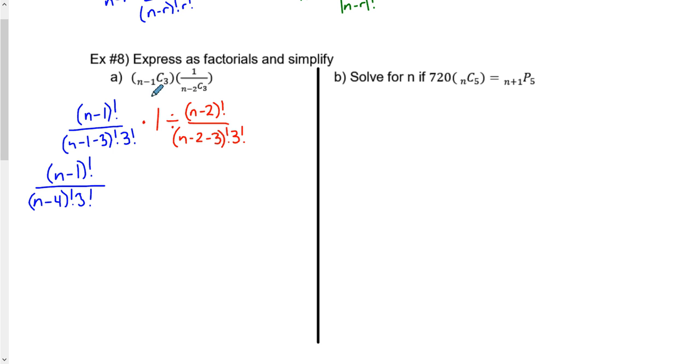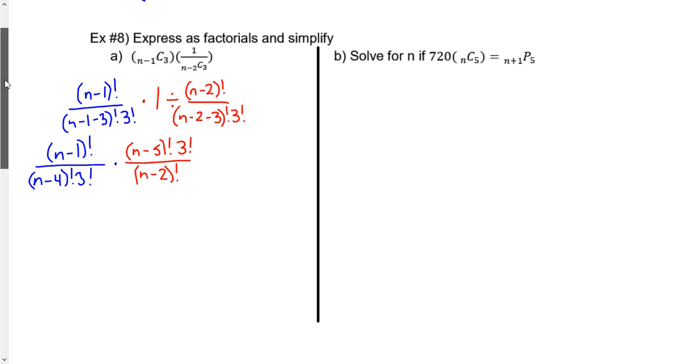Multiplying by 1 isn't going to change anything, but dividing by a fraction here means multiplying by the reciprocal. So we're going to do that right away here. The n subtract 2 subtract 3 will be n subtract 5 factorial. Three factorial on that numerator over an n subtract 2 factorial.